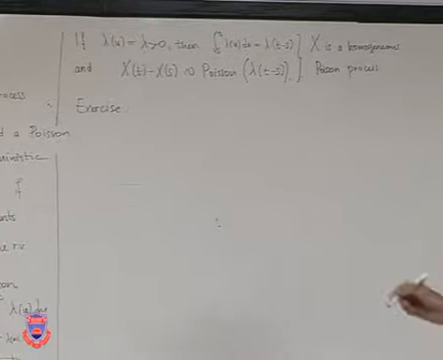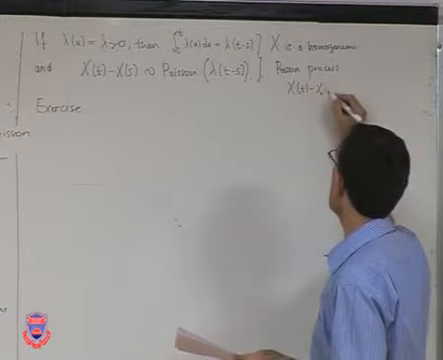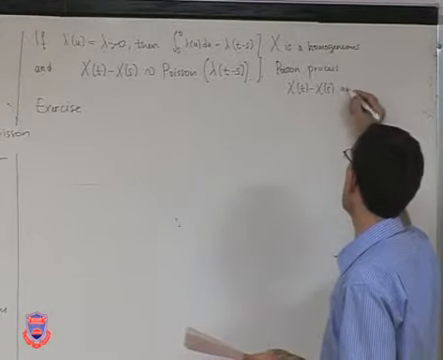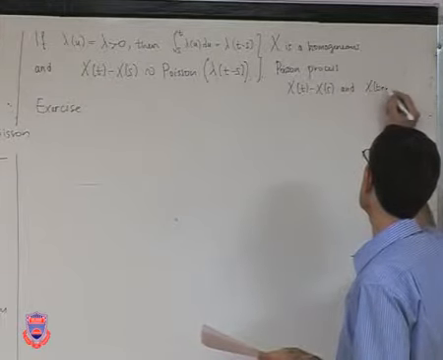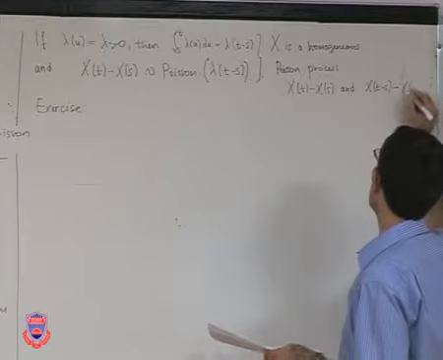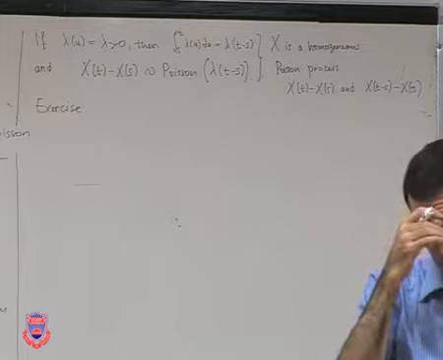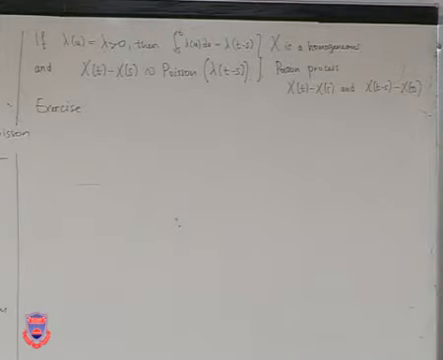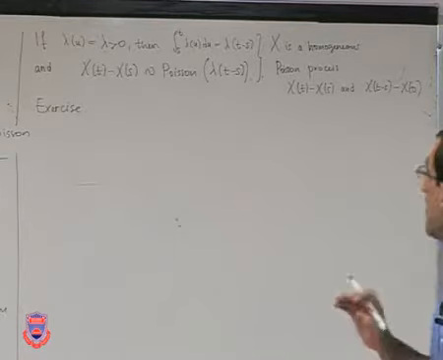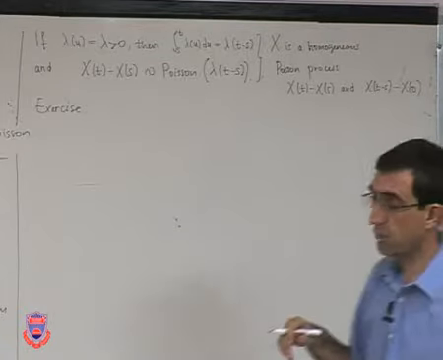The reason is that XT minus XS has the same distribution as X of t minus s. It is common to assume that at time 0 process X starts from 0, but that is not necessarily the case in many applications that we may consider.